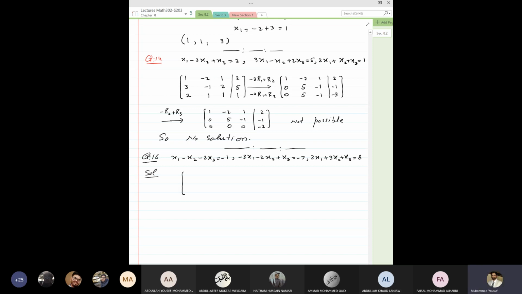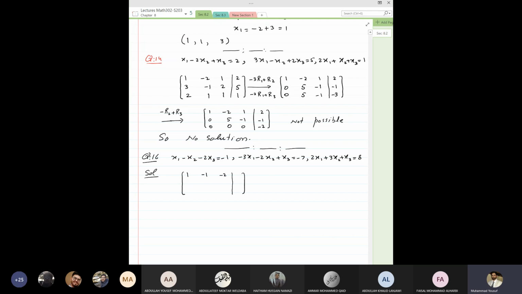So the augmented matrix is 1, -1, -2. You can save yourself one row operation. Suppose equation 1 is given as equation 3. You can still write it as the first equation, because which is first and which is second doesn't matter here.